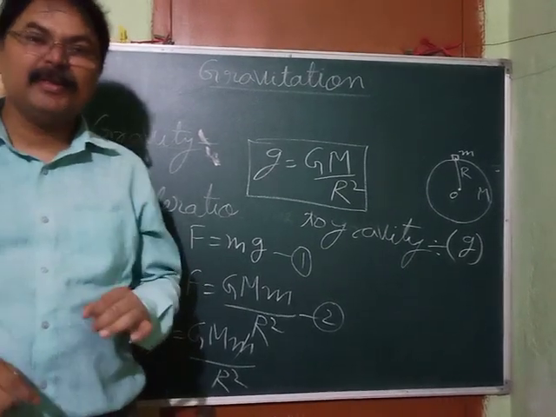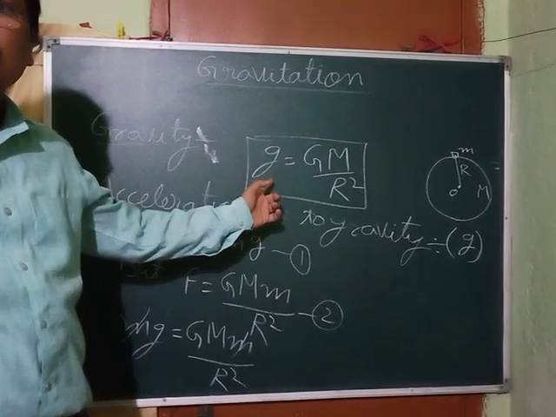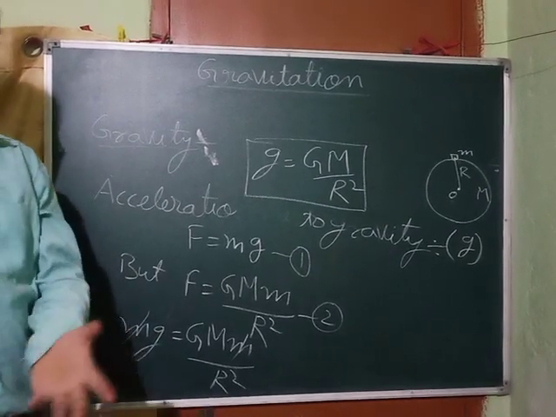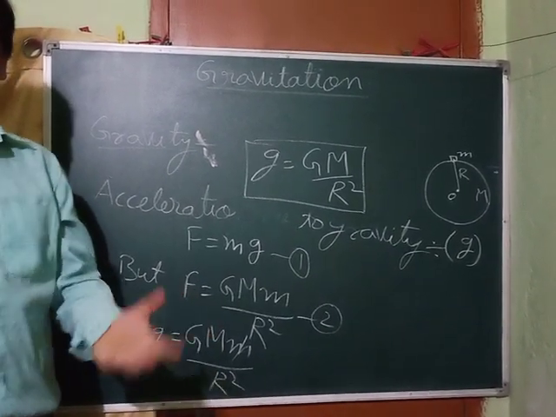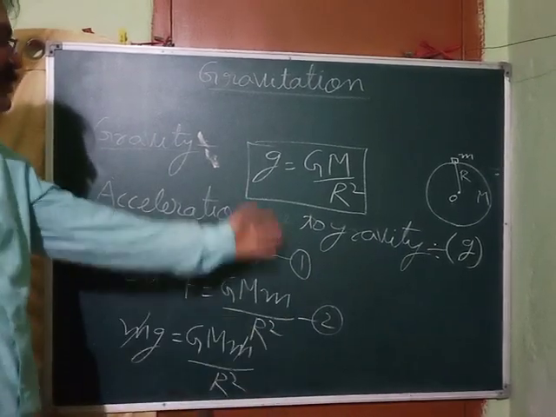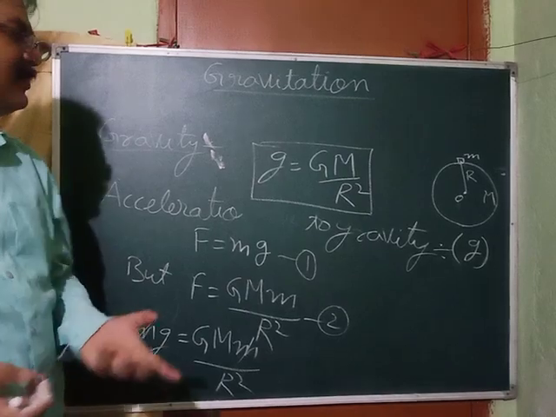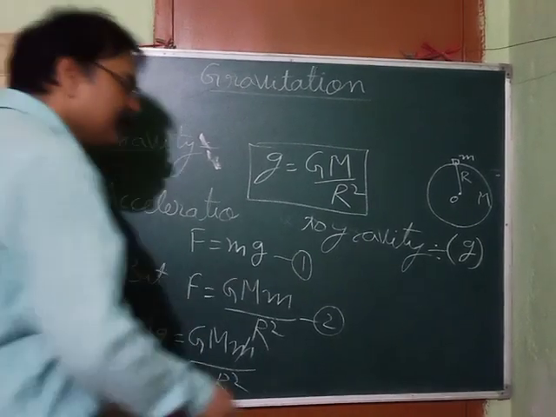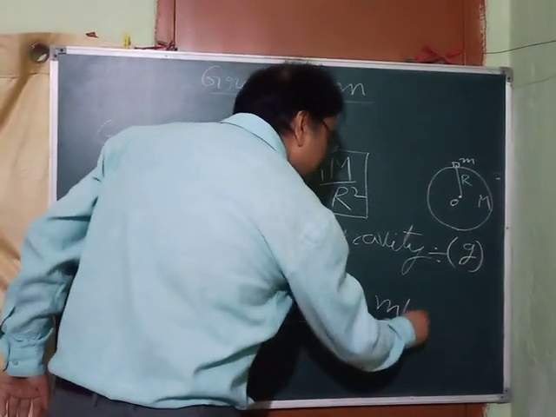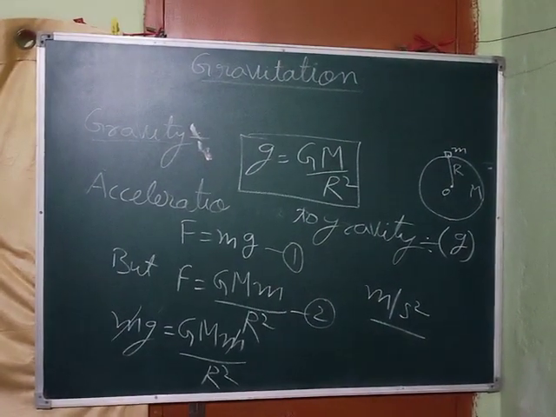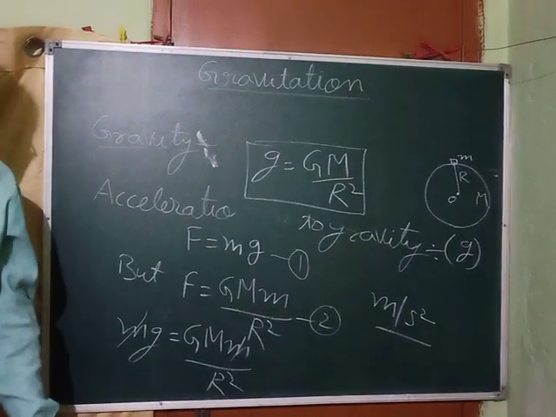Got it? Now, what is the unit for this acceleration due to gravity? It is acceleration. It is a member of the family of acceleration, so its unit will also be the unit of acceleration. What is the unit of acceleration? Obviously it is meter per second square.